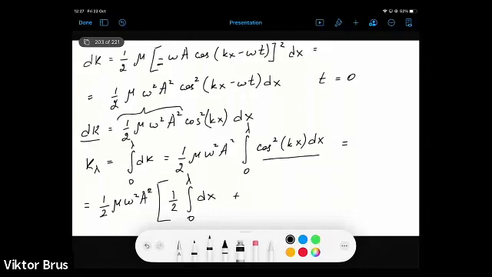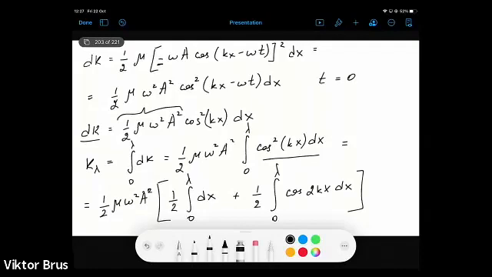And then plus 1/2 integral from 0 to lambda cosine 2kx dx.